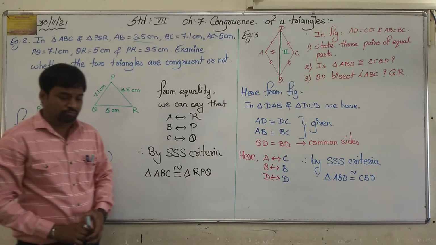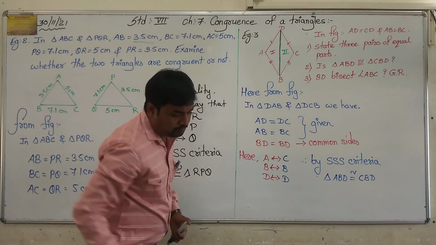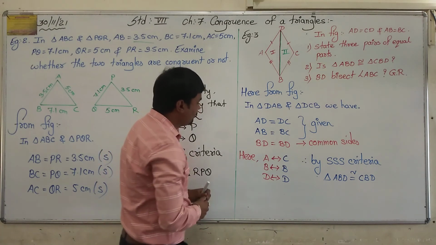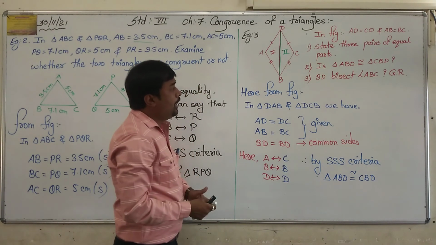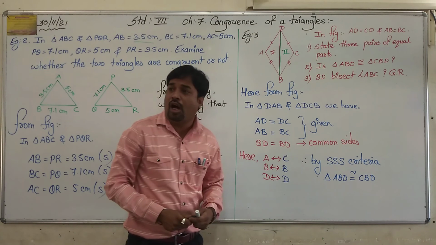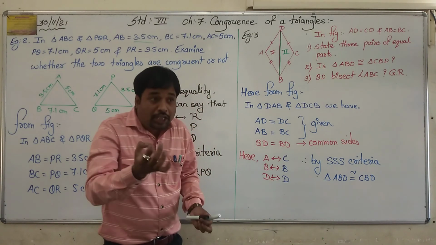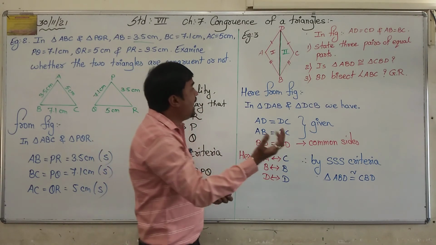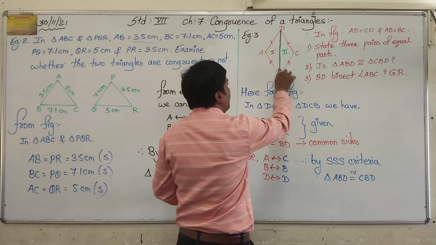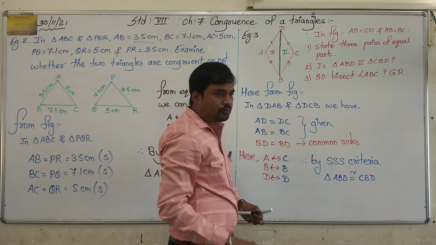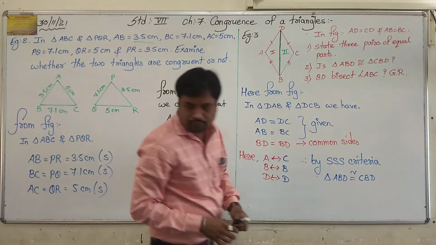What does the third one say? BD bisects. Bisect means what? Cut into equal parts. Which angle does it cut into equal parts? Angle B. Is it so? Yes.